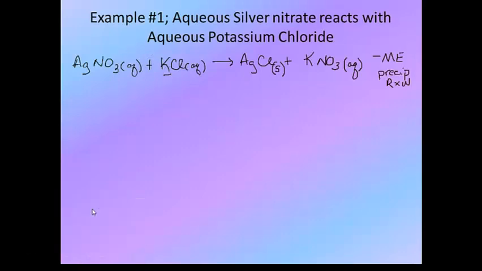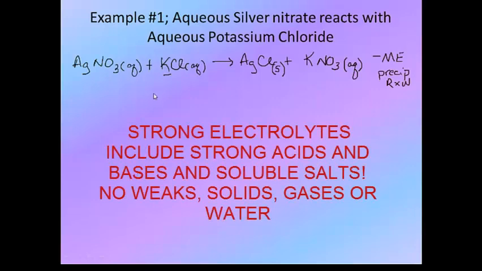All right. The complete ionic equation is going to have all strong electrolytes separated into their ions. Right? Silver nitrate is a strong electrolyte. Why? Solubility rules tell me so. So I am going to write it as a strong electrolyte. Potassium chloride is a strong electrolyte based on solubility rules.